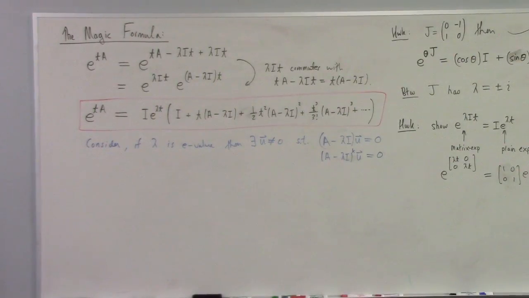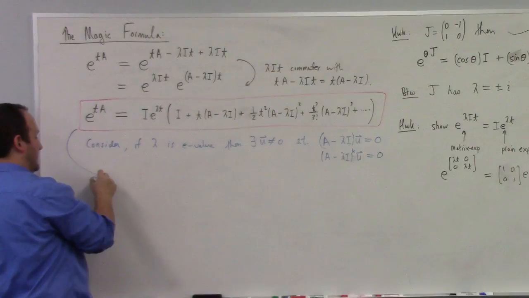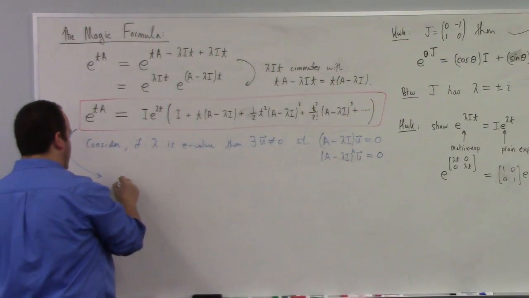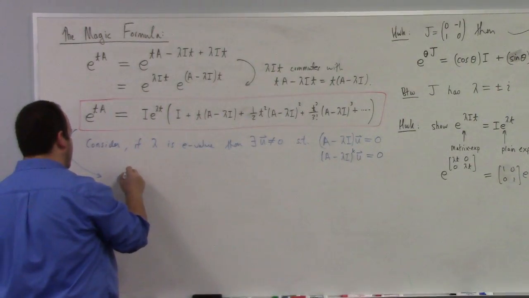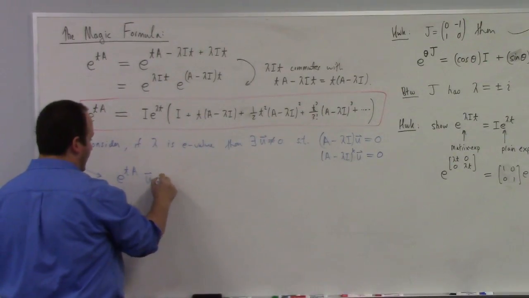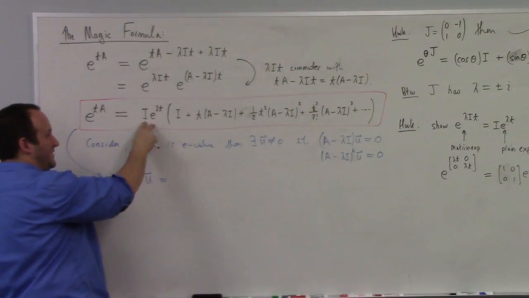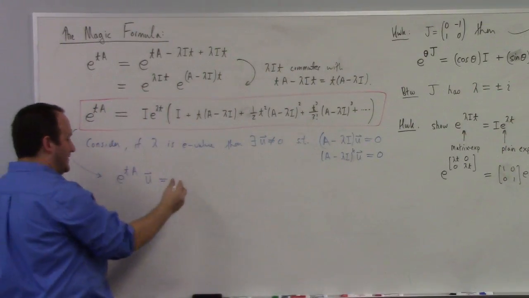So what happens then with the magic formula? What's the deal with the magic formula? When you feed an eigenvector to the magic formula, what happens? e to the At times u is equal to, and we can dispense with this, we don't need to write this here. We can just say e to the lambda t.